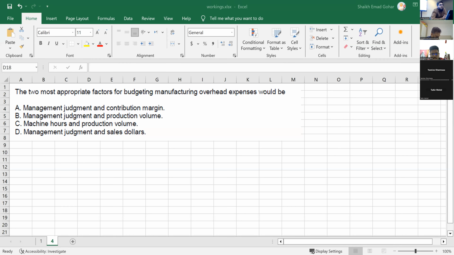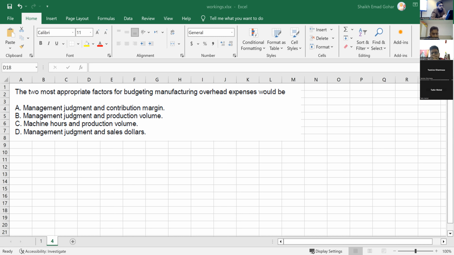Definitely, when you select the driver, your judgment is involved, right? Whether you want to use the number of units, labor hours or machine hours. So one of the answers is definitely management judgment. It means the answer is either A, B, or D. C is not the answer.